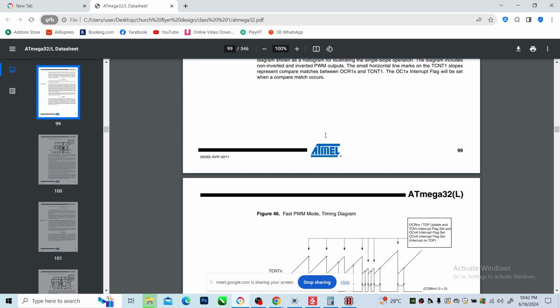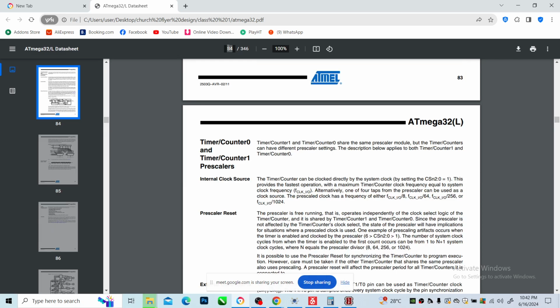Or is it page 64? I think I saw it on 64. So, 65. Let's check. Yeah.